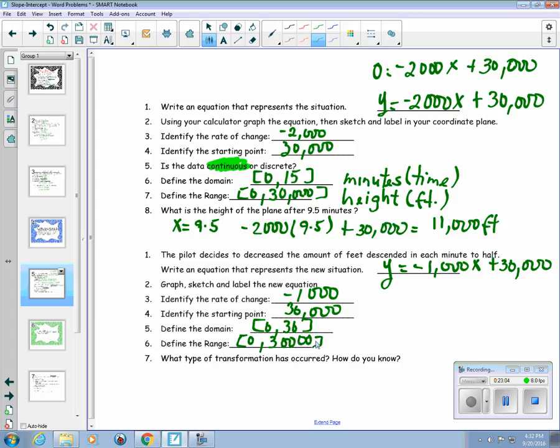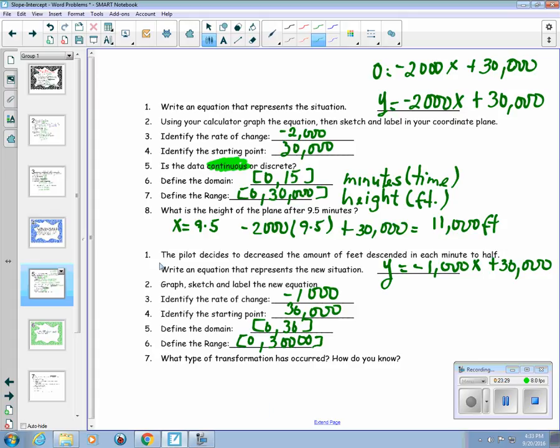All right. What type of transformation has occurred? What's changing? The rate of change. It used to be 2,000. Now it's 1,000. So is it steeper or flatter? Flatter, because the slope went down.